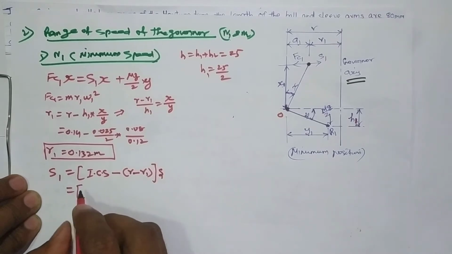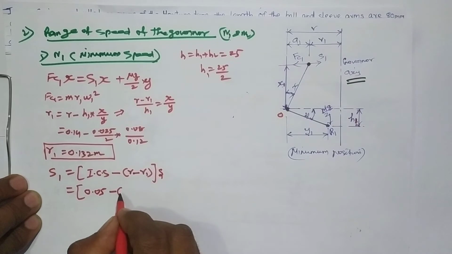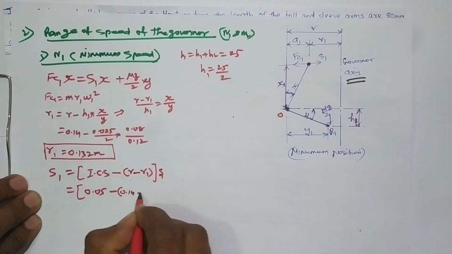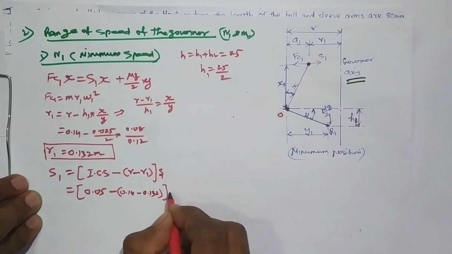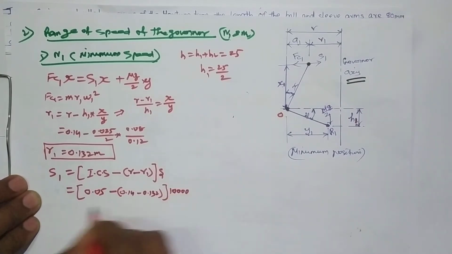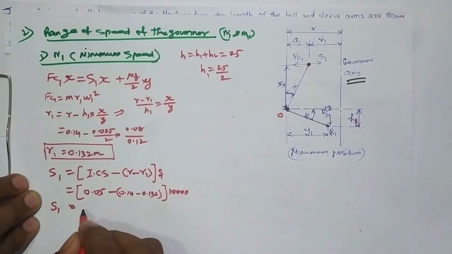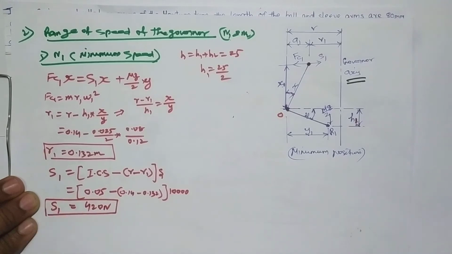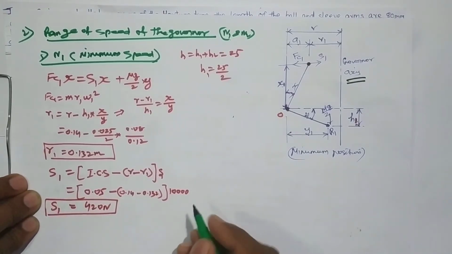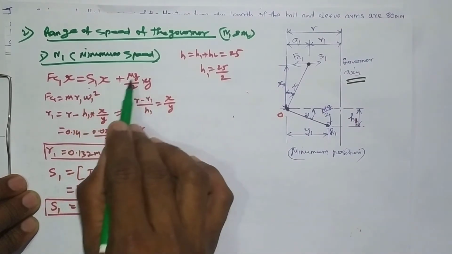So the initial compression of the spring 0.05, that is 50 mm, plus r value 0.14 minus 0.132, that is the r1 value, into the spring stiffness 10,000. So from that you can find out S1 equal to 420 Newton. You are getting that. So from this you can calculate the other values, right? So in this equation, S1 you know, x you know, what is the other value?